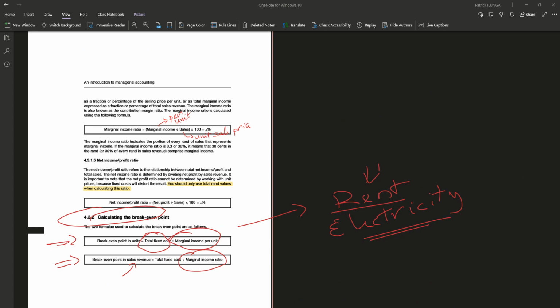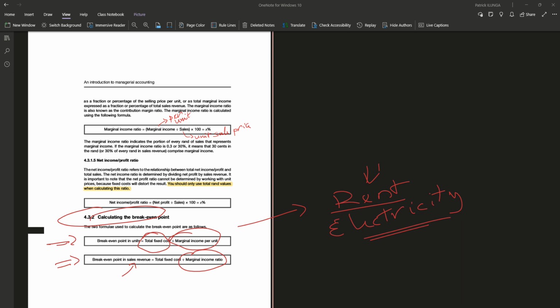And for this one, it's very important to take the total rand value. So it cannot be done on a unit basis. You have to look at the total net profit divided by sales multiplied by 100. Why can't you do it at the unit level? It is because the fixed cost will distort the result.